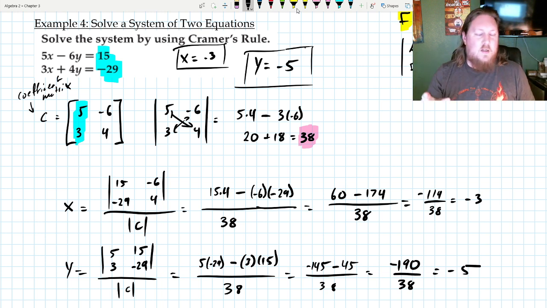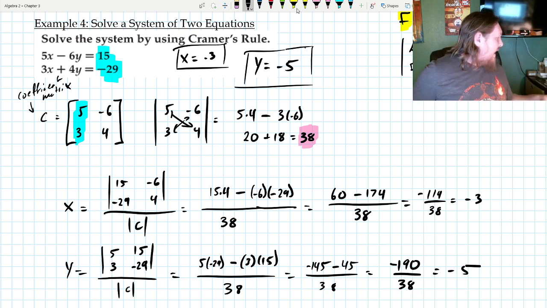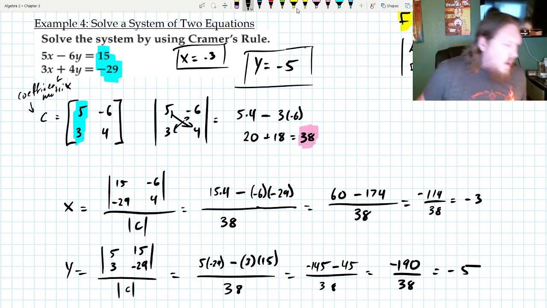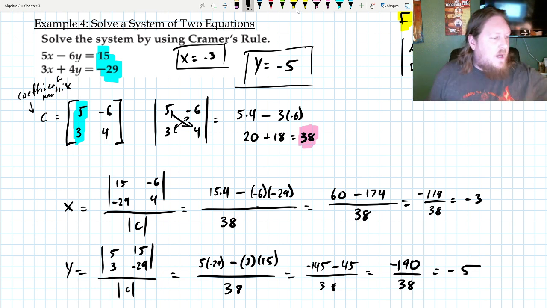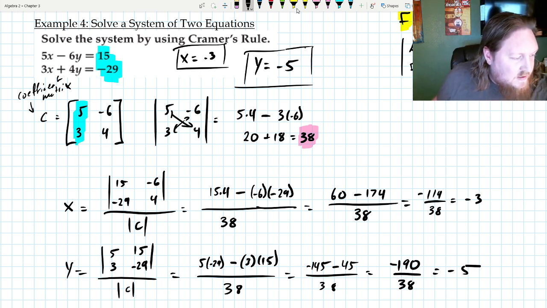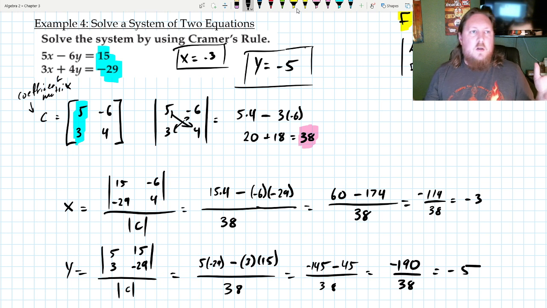But if your calculator can do matrices and you know how to set it up, you can tell it to do that, which is kind of neat. Those graphing calculators actually do matrices and determinants and all that kind of stuff. You just set up a determinant, plug it in, and you're good to go.